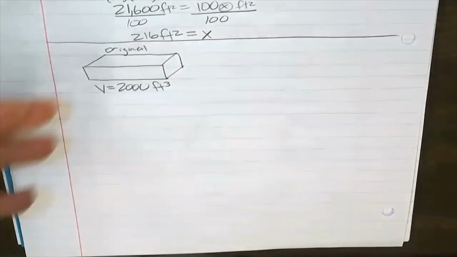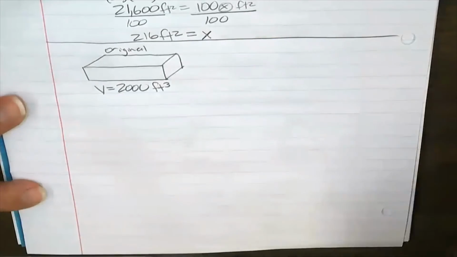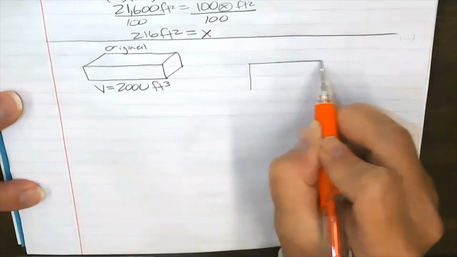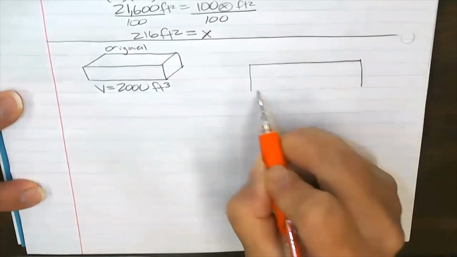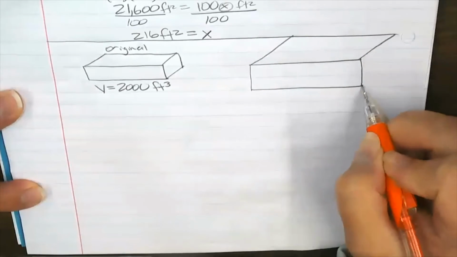So this is SeaWorld's original touch tank. They decide they want to build a new touch tank and they want to double the dimensions. So we're doubling the height, we're doubling the length, and we're doubling the width.